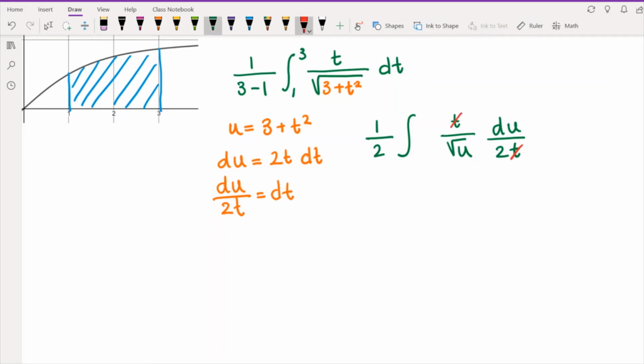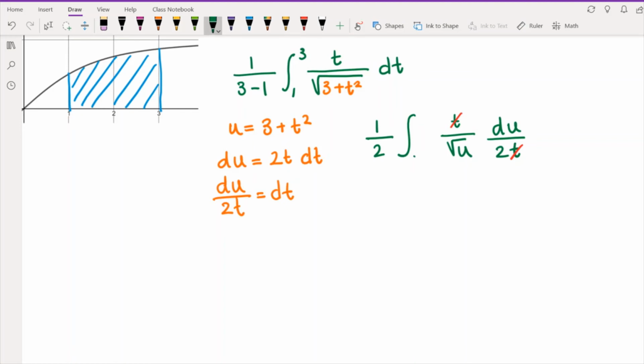So what are the new bounds going to be? Well, remember that the original bounds were t values, right? So you can think of this as t equals 1 and t equals 3. To find the new bounds, we're just using this equation here. The first one will be u equal to 3 plus 1 squared, so that gives us 4.